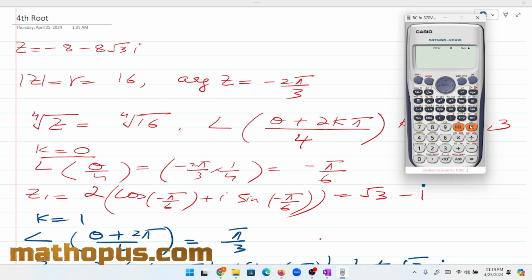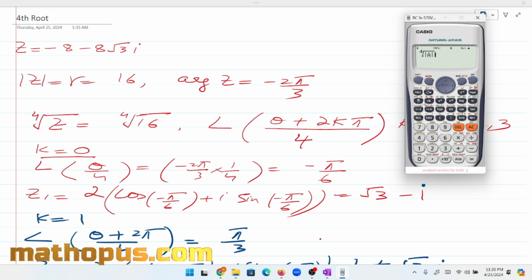Okay, now let's find out its fourth root. So this time it would be shift and then the root sign. No, it's a square, it's not, it's a cube root. So let's write 4 over here. Then over here we will write shift hyphen, so it is modulus, and from the memory we have the complex number which we have just stored.